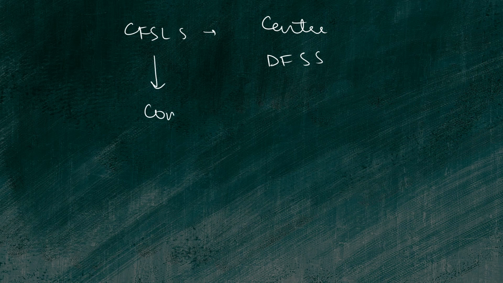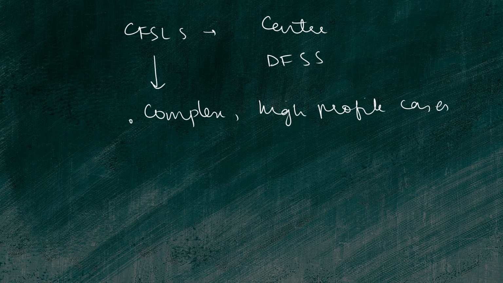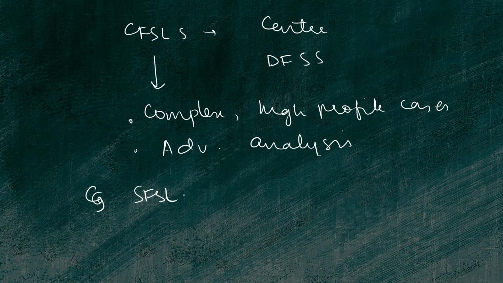They usually handle more complex, high profile cases, and they also have advanced techniques, so they are able to perform advanced analysis on the evidences. Then after CFSL, we have SFSLs, which operate at the state level.